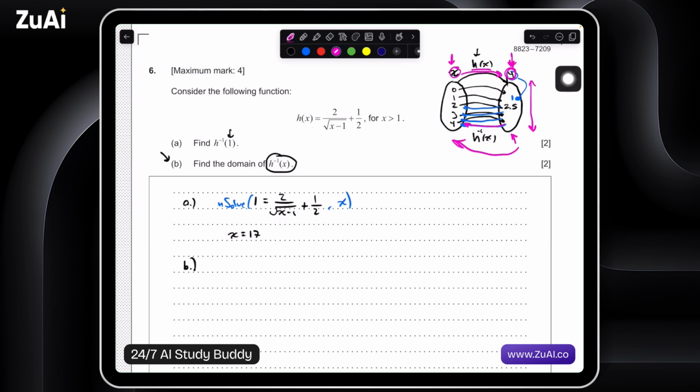Because if h of x itself has an output, then we should be able to feed those outputs into our inverse and get back to what was originally an input. Okay, so let's go ahead and try to find that.